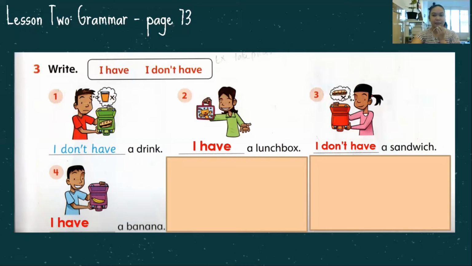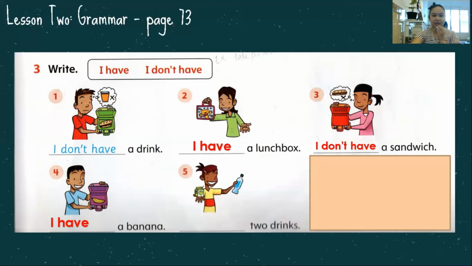Let's move to number 5. Look at the picture. 2 drinks. Is it I have or I don't have?